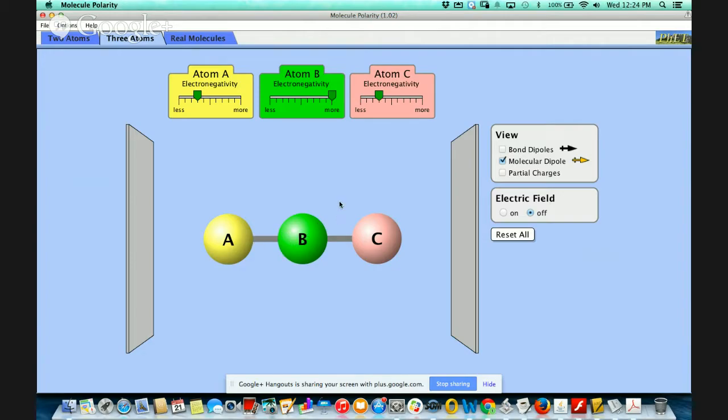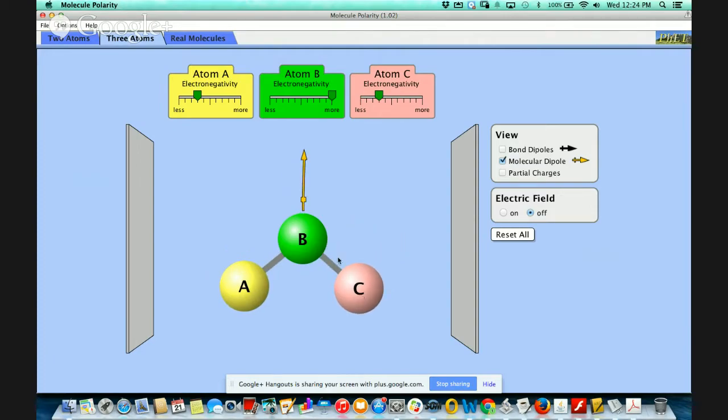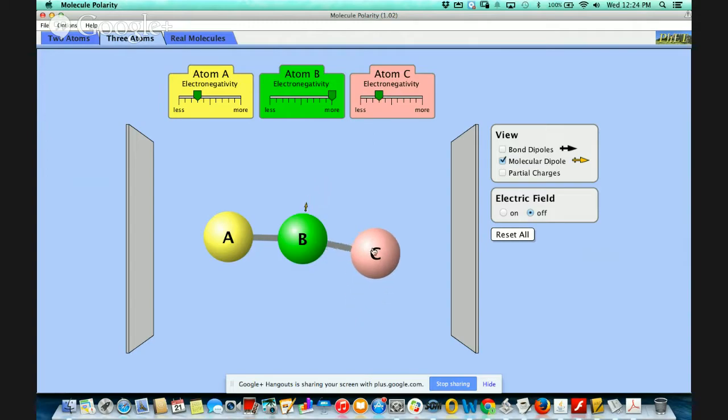But what would happen if I was to push A down and C down into a bent shape? You can see that there's an overall dipole moment up. And why? Because this is the positive side. So it gets polar if these shapes bend down.